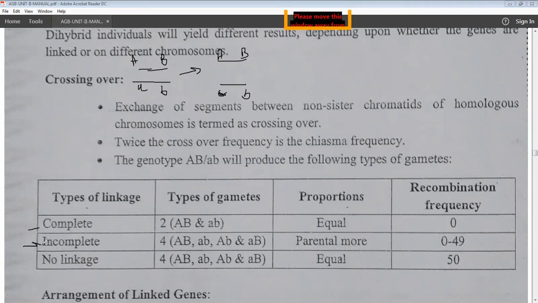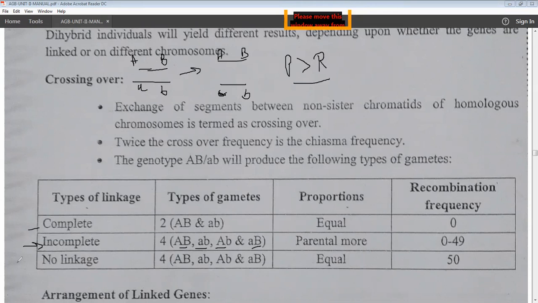If the linkage is incomplete, there are some chances of crossing over. If there are some chances of crossing over, we can have these recombinants. Okay, this is the parental, this is the parental, and these are the recombinants. But as the linkage is incomplete, the parental population will be more than the recombinant population.